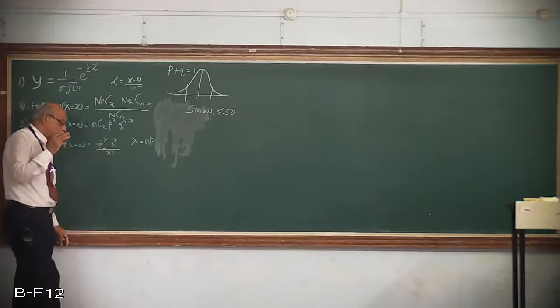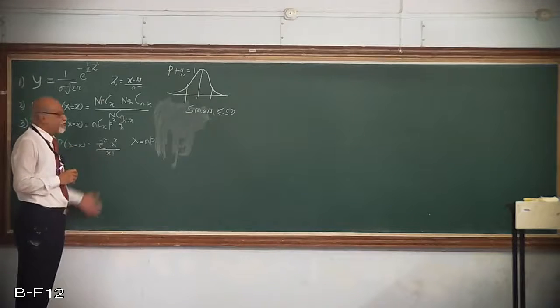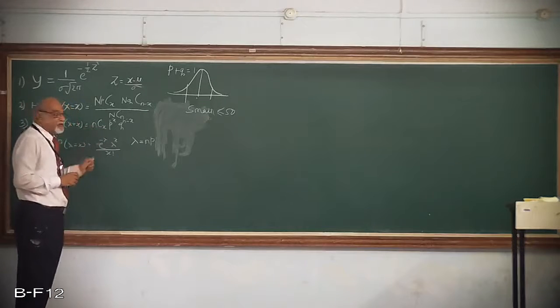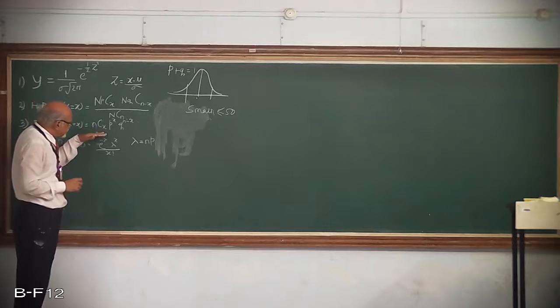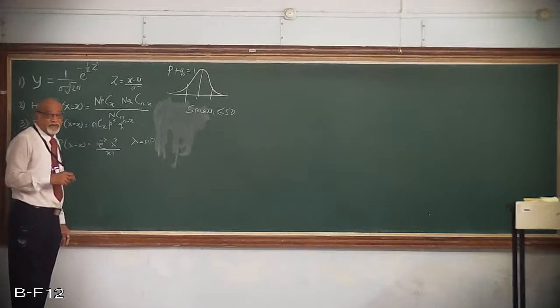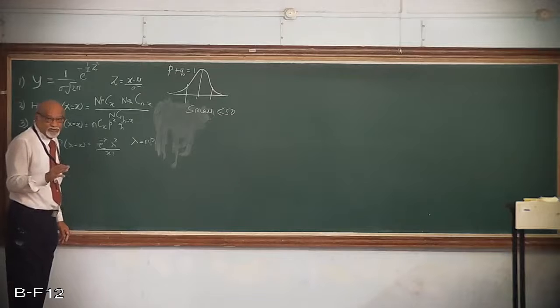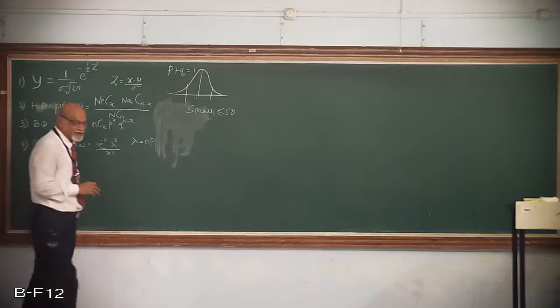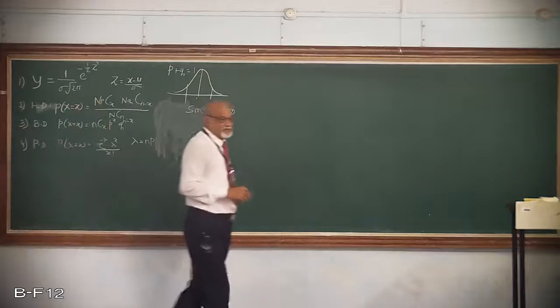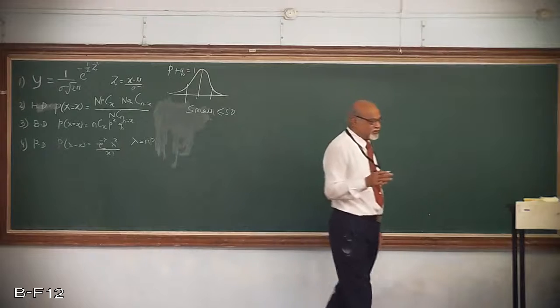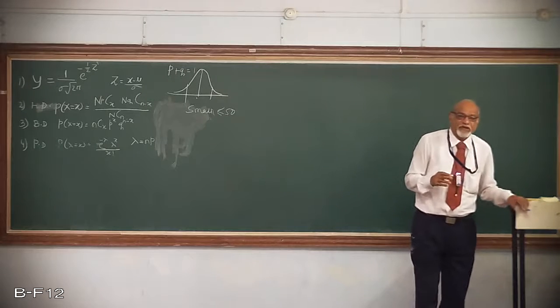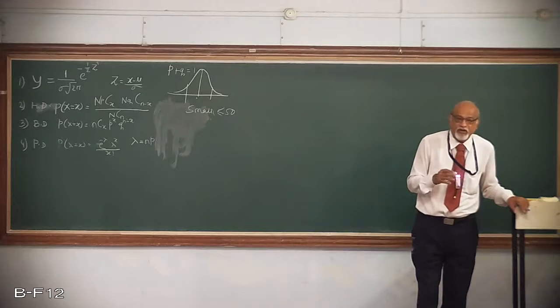But it can be accurately measured by the binomial distribution if the lot size is large and the sample size is also large. Try to understand: when the lot size is large, the sample size may be small or large.